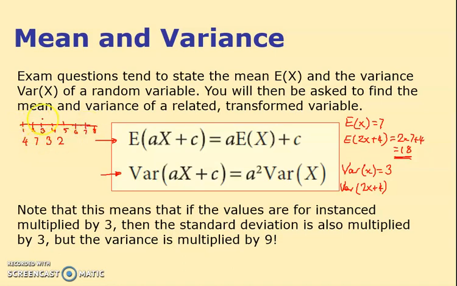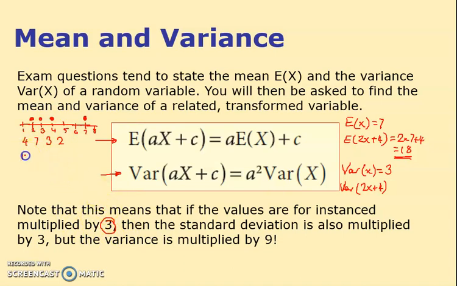But I've got a 4, a 7, a 3, and a 2. Now, what I want you to understand is if I was to times all those numbers by a number, for instance, say double them all, or as I've suggested down here, times them all by 3, then their spread will be multiplied by 3 as well.